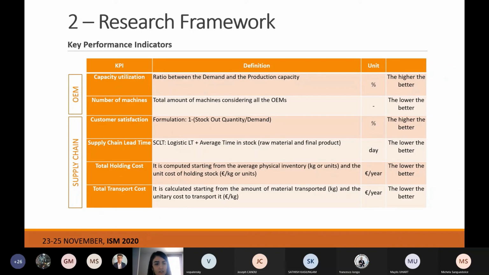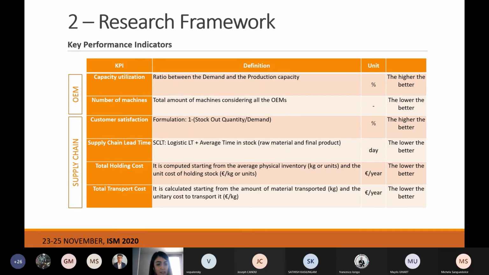The second indicator is the number of machines, which depends on the productivity of the machine. In this case, a total amount is calculated, considering all the producers of the supply chain.